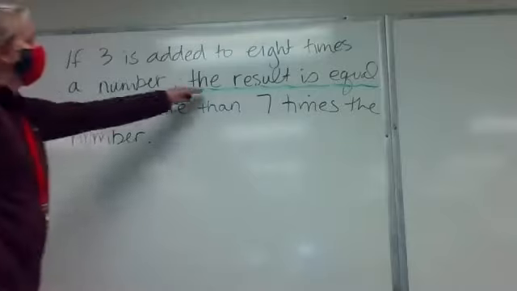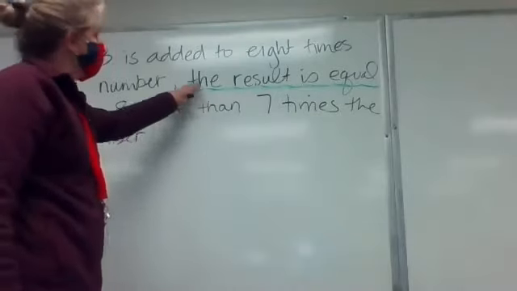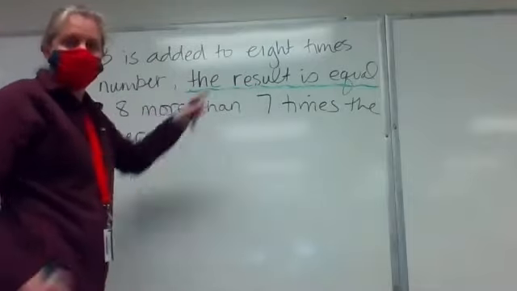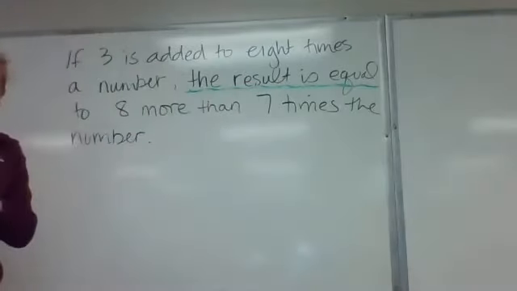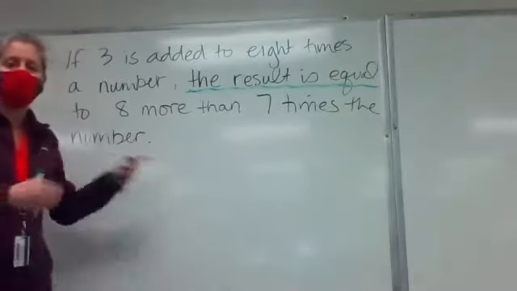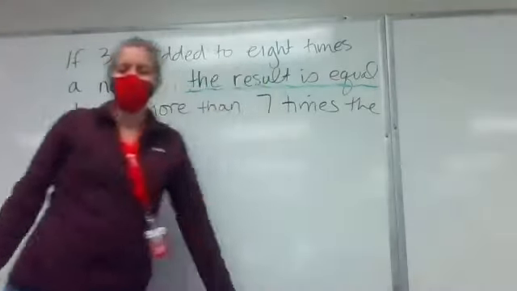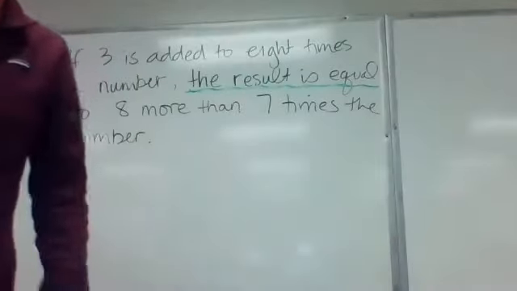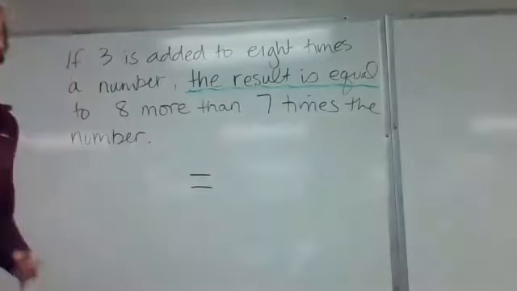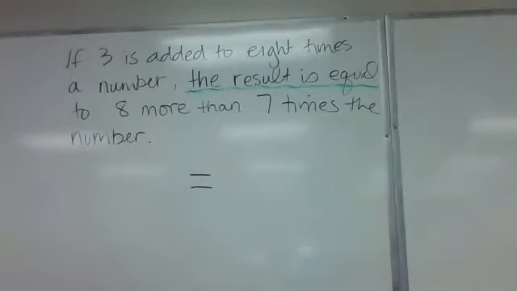So again, once you find that, then all the wording that is before that comes on this side of the equal sign. All the wording that is after that goes on the other side of the equal sign. So find the wording that means equal and just go ahead and put an equal symbol down. Then build the front and the back of that equal sign.